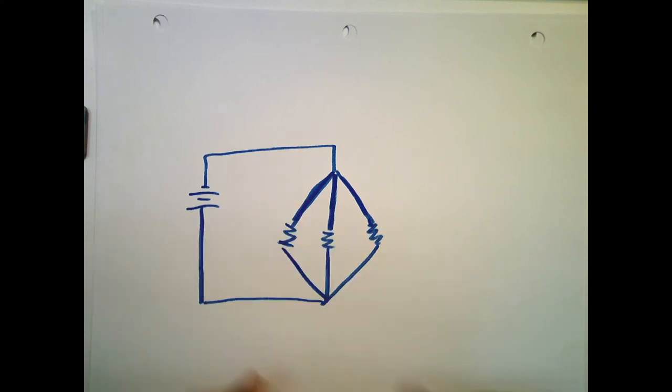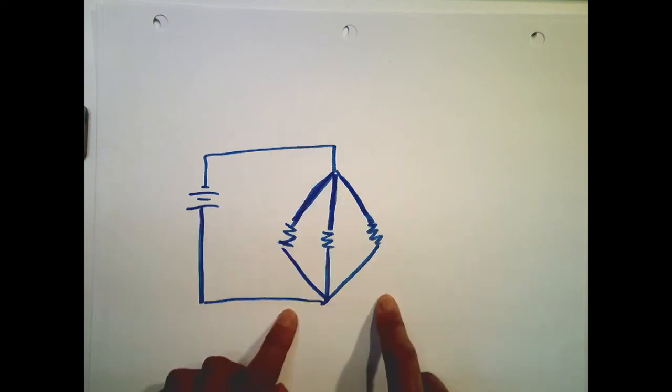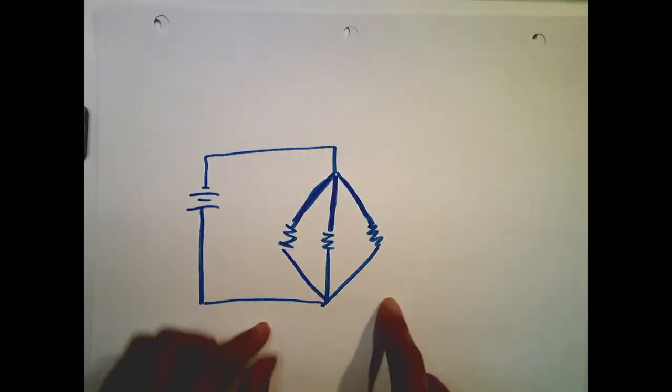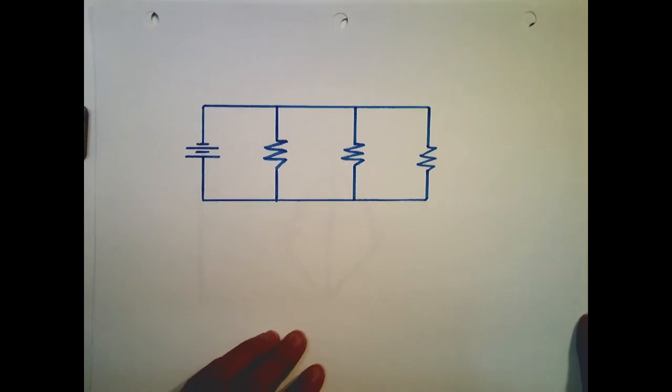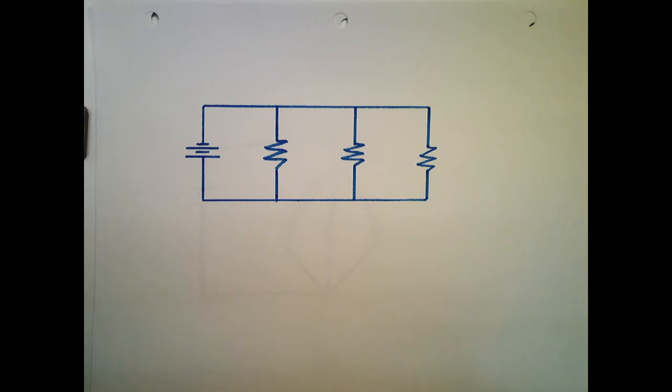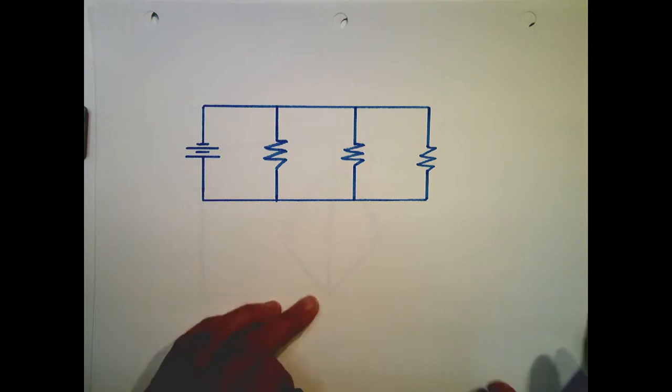All right, so this diagram is similar or the same as this diagram over here. Okay, and the reason why we do that is there's a big assumption. We're assuming that there is no resistance in the wire, but in reality there is. In real life there is. Okay, so these two are very similar.